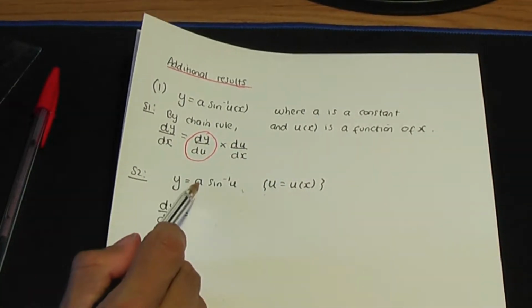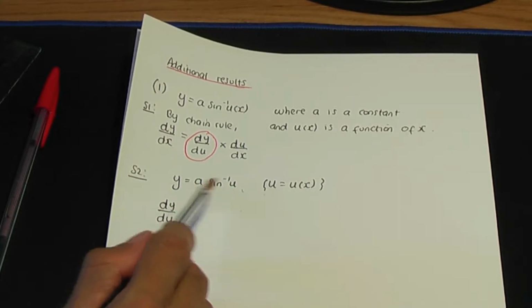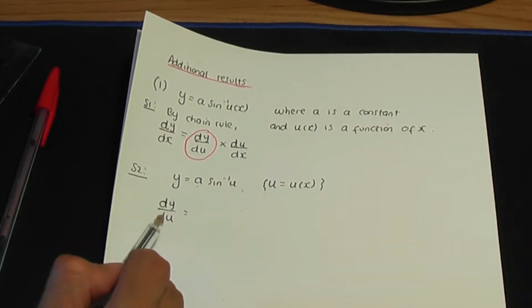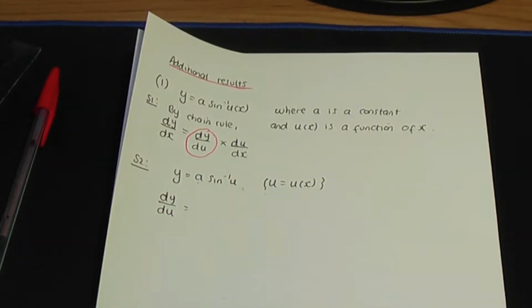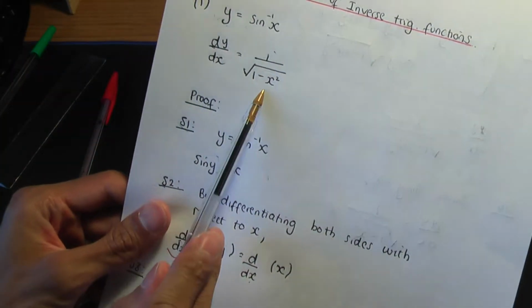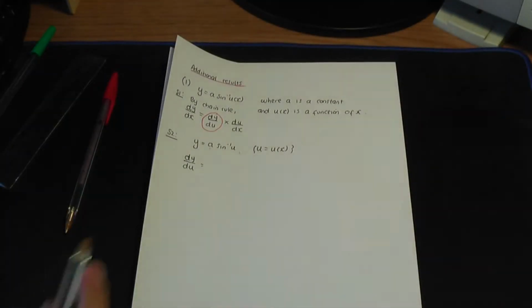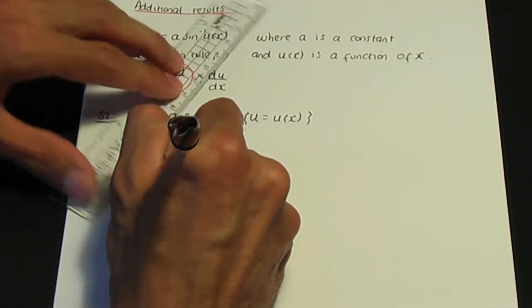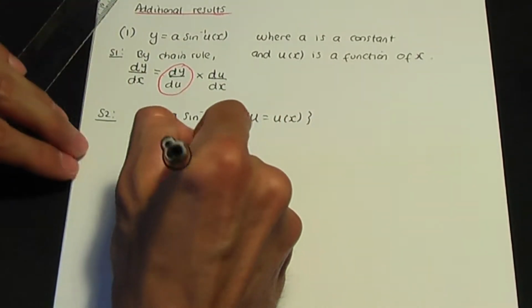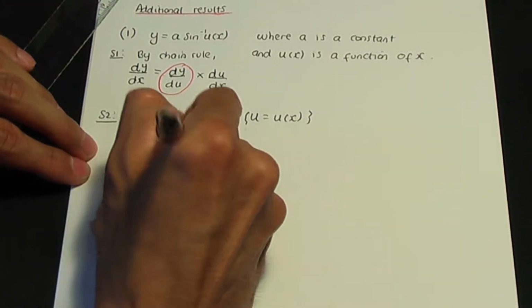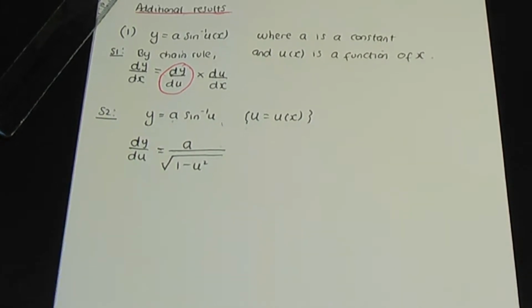Now bearing in mind a is a constant, if I differentiate sine inverse u with respect to u, and bearing in mind the standard result for sine inverse x, we're going to have a divided by the root of 1 minus u squared. I'm just differentiating with respect to u.